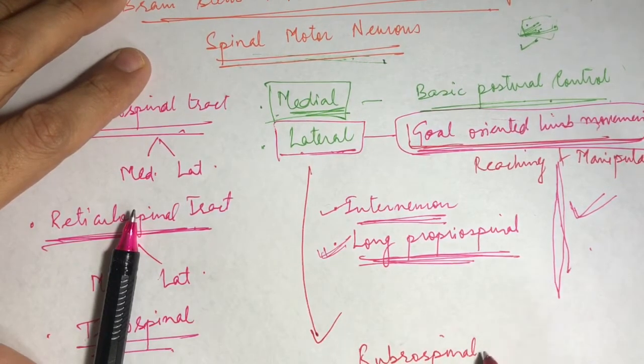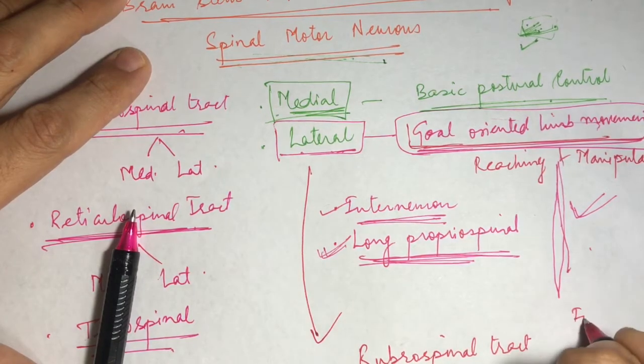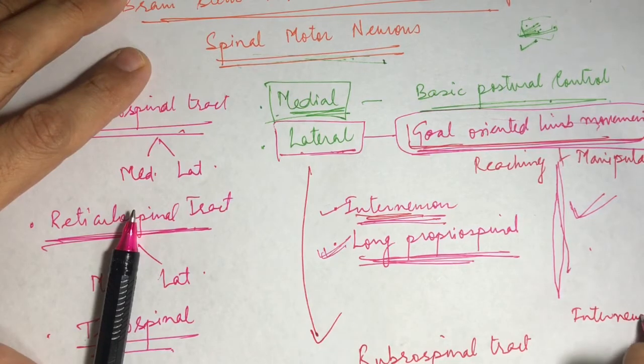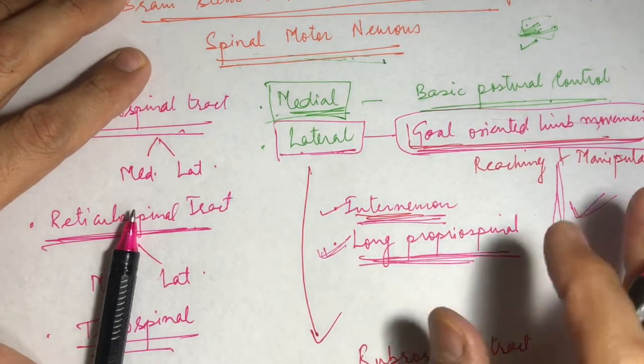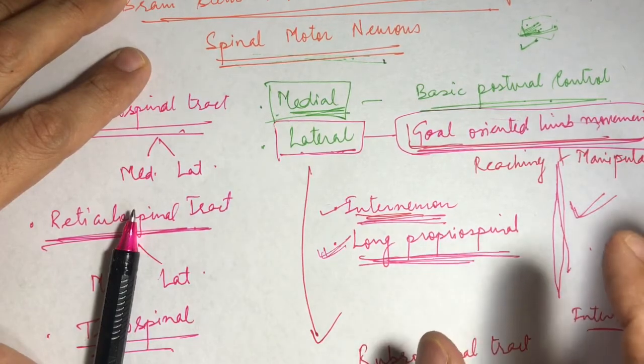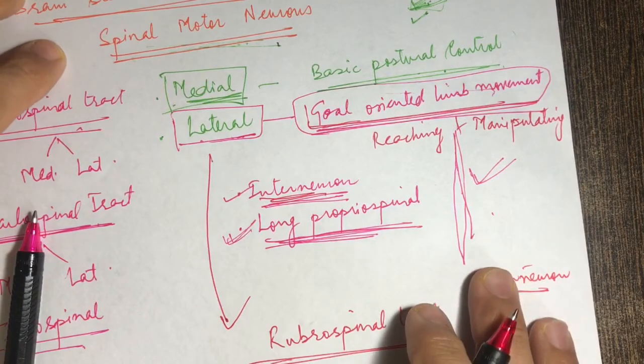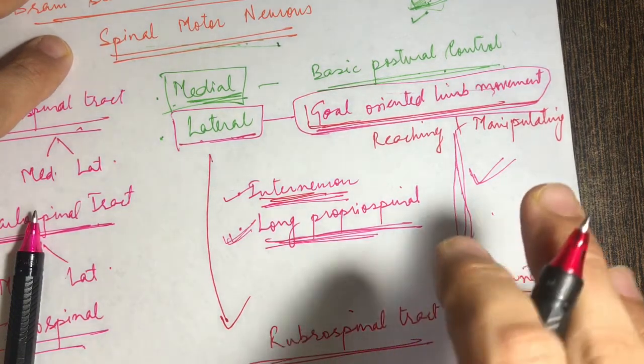Out of the lateral brainstem pathway, the major one is the rubrospinal tract. This rubrospinal tract will terminate on the interneuron, similar to the medial, in the dorsolateral part of the spinal gray matter. And so it will influence the motor neuron to control the distal muscles of the limb.